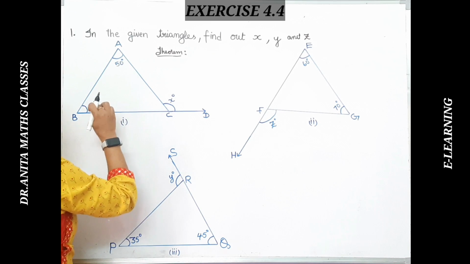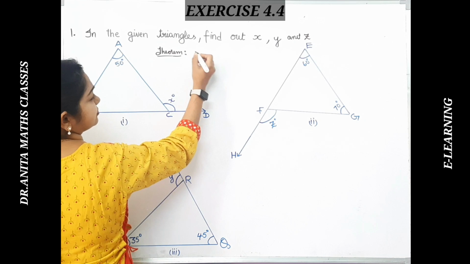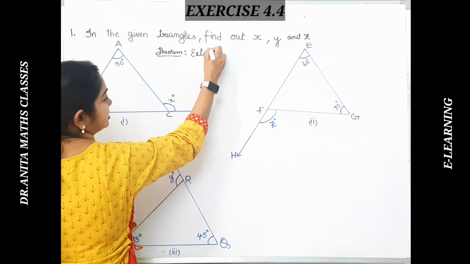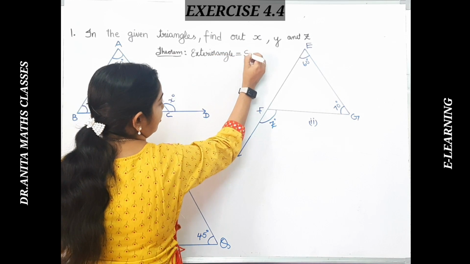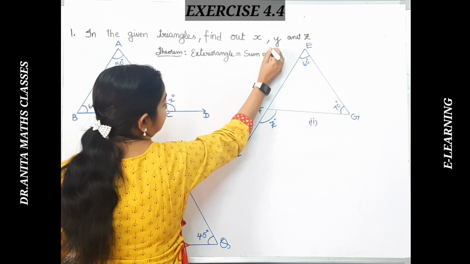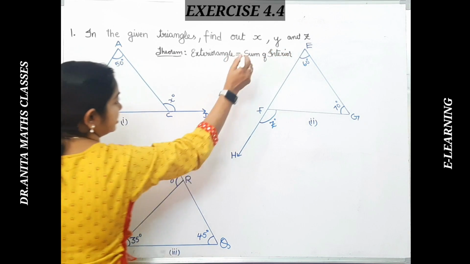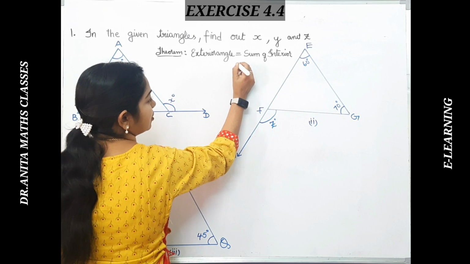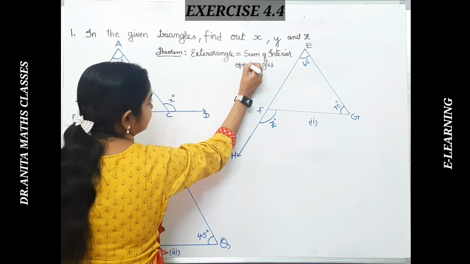So, these 2 angles are opposite. I'm not writing the statement completely, just giving a shortcut: exterior angle is equal to the sum of the interior opposite angles. This is the theorem, right?